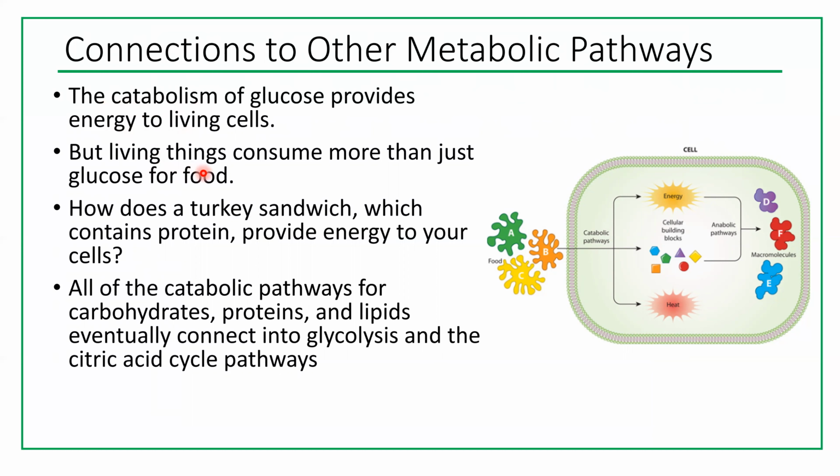But living things consume more than just glucose for food. You don't just use glucose. You use all your food that has proteins and of course carbs and lipids, right? So how does a turkey sandwich, which contains protein, provide energy for your cells? All the catabolic pathways for carbohydrates, proteins, and lipids eventually connect into the glycolysis and citric acid cycle pathway.